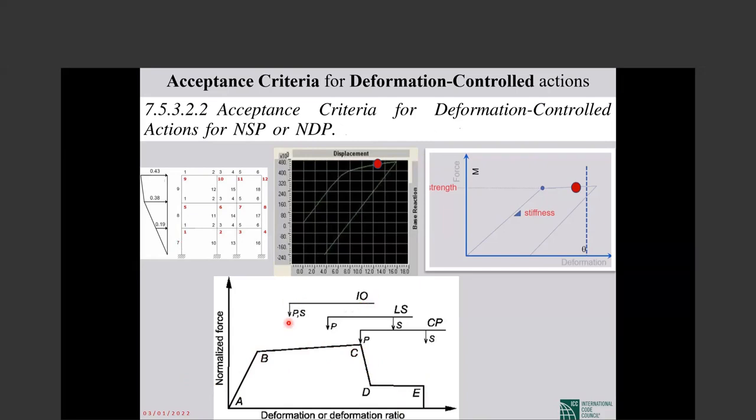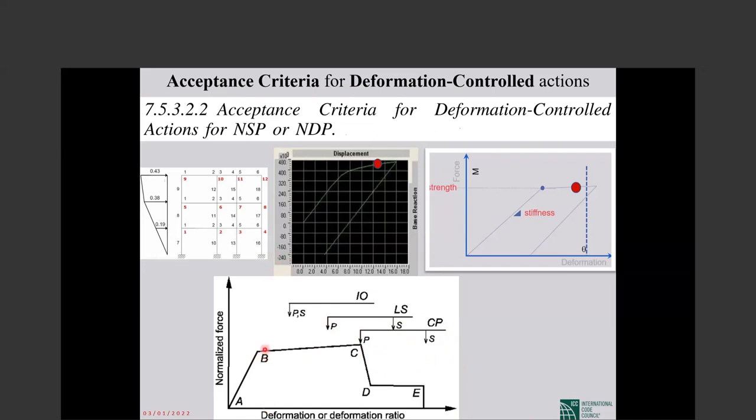IO is this much damage, LS is this much damage in primary elements, and secondary is this much, CP in primary is this much. So both the acceptance criteria and the modeling parameters are very beautifully summarized. The results of lots and lots of research, work and experience in simple tables. That's really interesting.